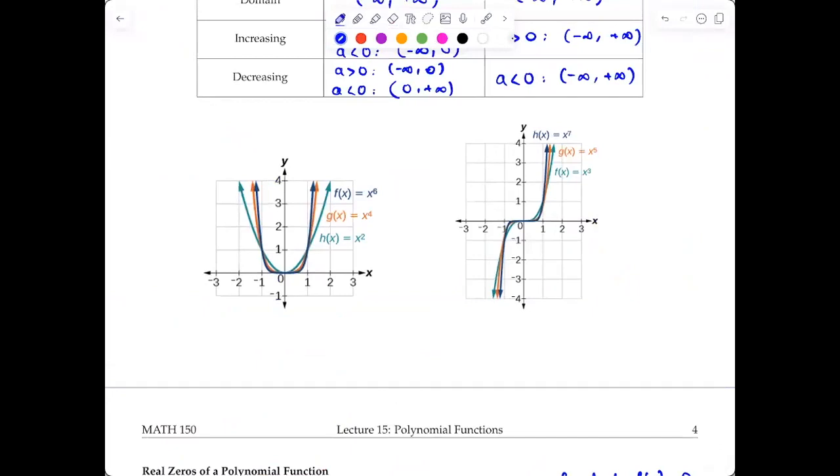Okay. And similar to this, when you have a graph like this, the function goes to negative infinity when x goes to negative infinity. The function goes to positive infinity when x goes to positive infinity. Okay. So that's the end behavior. Can you tell me the output of the function as x goes to negative infinity or positive infinity? Good.